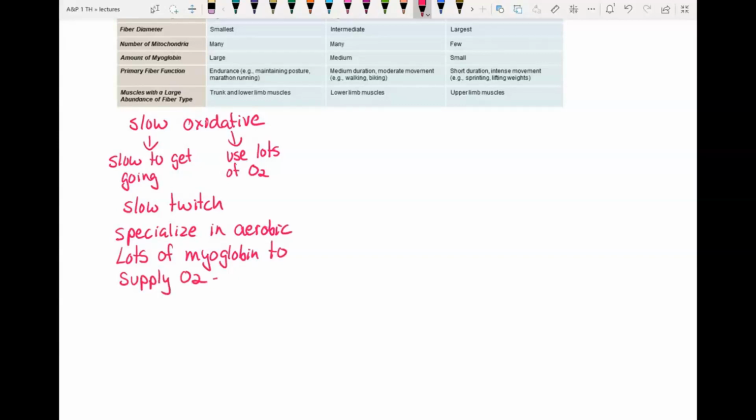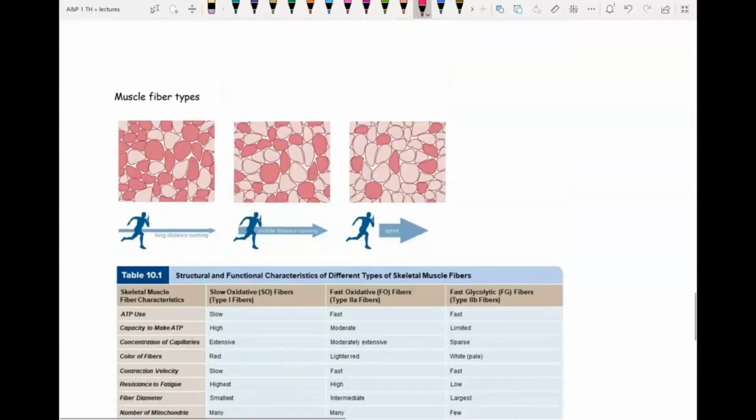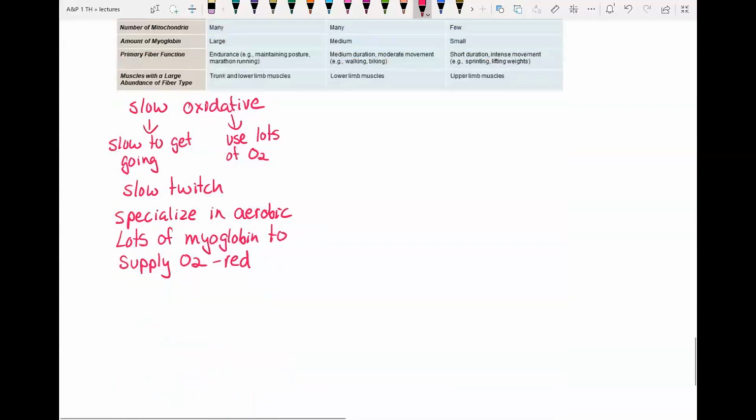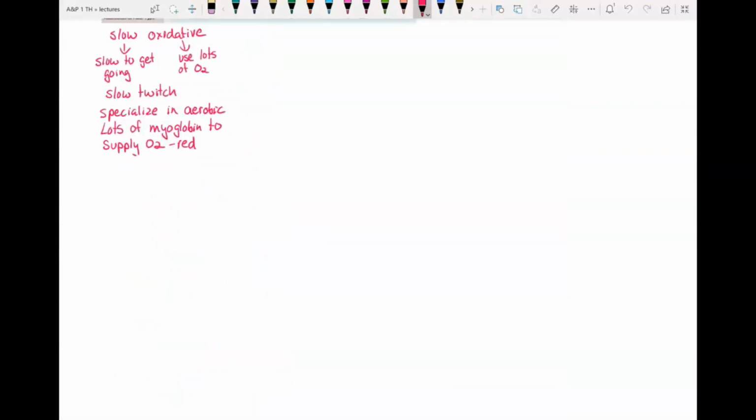So these fibers have a red color. And that's what the pictures up here are showing you. The dark red ones here would be a slow oxidative fiber. And since they use a lot of oxygen, they also have lots of mitochondria. So these fibers are using lots of oxygen, lots of mitochondria, and making lots of ATP.